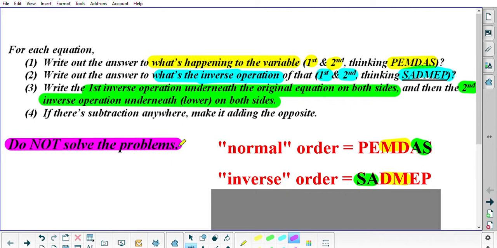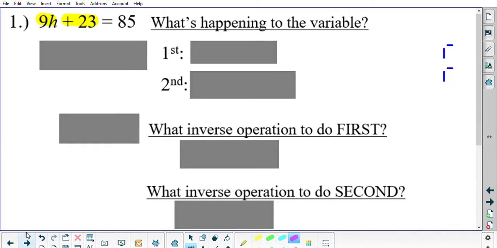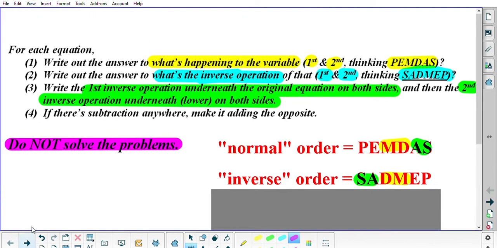And that new concept today is that there's going to be two things happening to the variable, and therefore two inverse operations that you will do. And when you answer what's happening to the variable, you're doing PEMDAS for the order. But when you figure out what the inverse operations are, the order that the inverse operations will be done in will be the inverse order from normal.